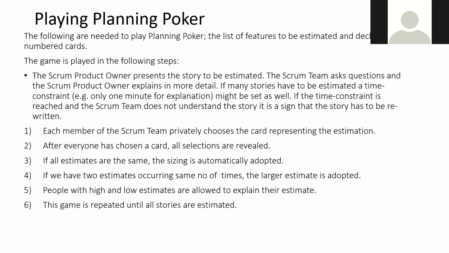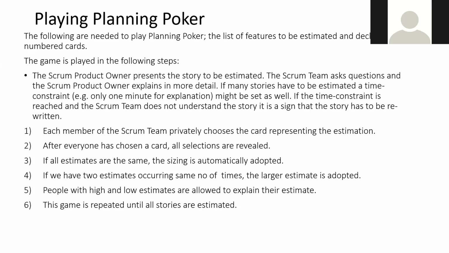So how do we play this game? Basically, two things are required. You have your decks of cards, and then, like I said, obviously we have information from the product owner. So the product owner presents a story to be estimated, and we discuss the story.